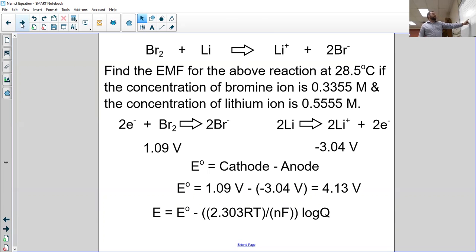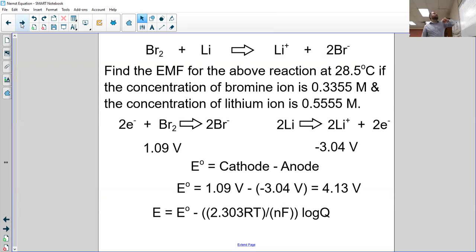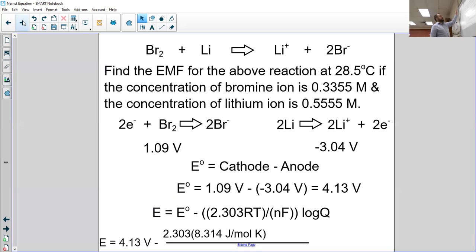We plug that into our equation here because we're not at standard temperature. So we have to use this equation where we don't have it simplified for you. We plug in all that we have. Our standard reduction potential of 4.13 volts minus 2.303 times our gas constant times our temperature.